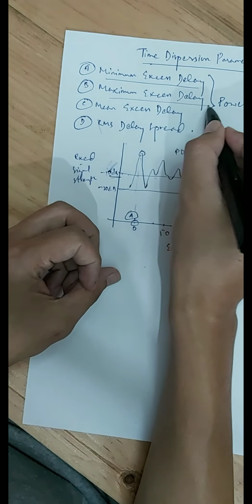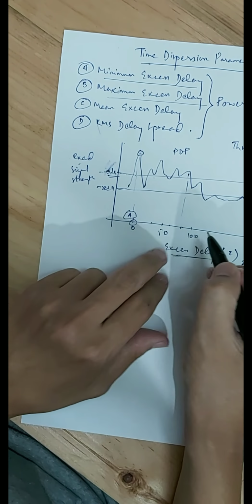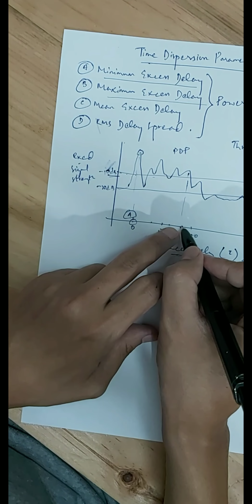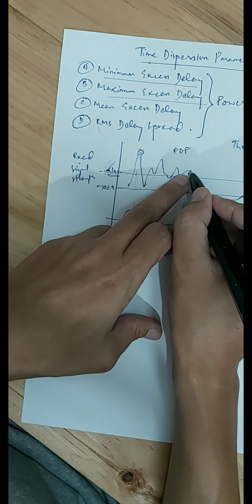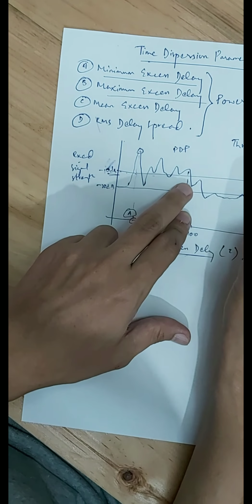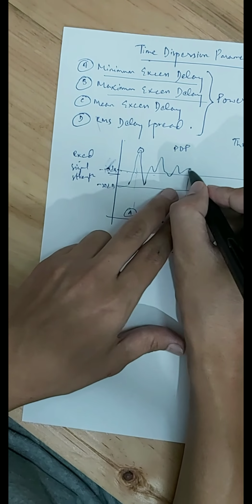What is maximum excess delay? Maximum excess delay is the excess delay which corresponds to the last peak before the received signal goes below the threshold. What is the threshold? Minus 10 dB.